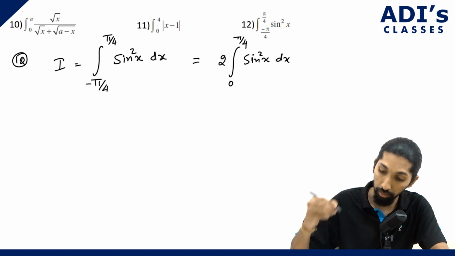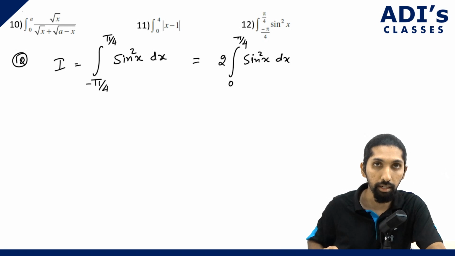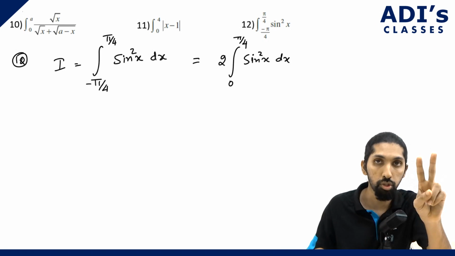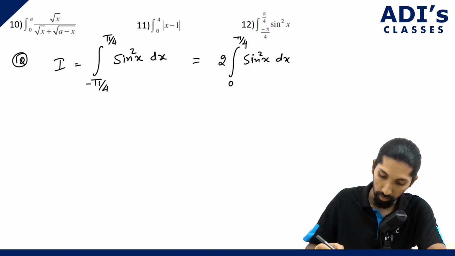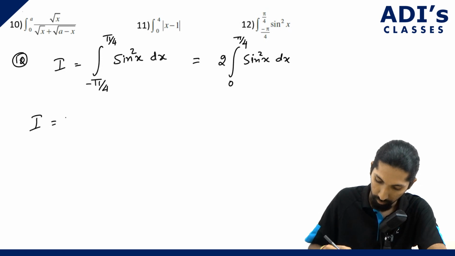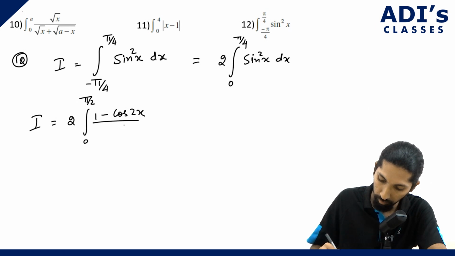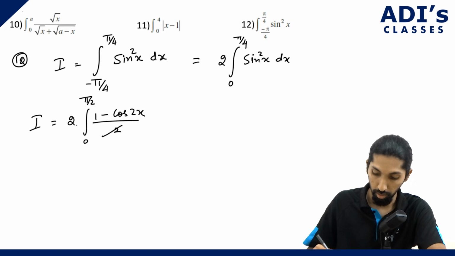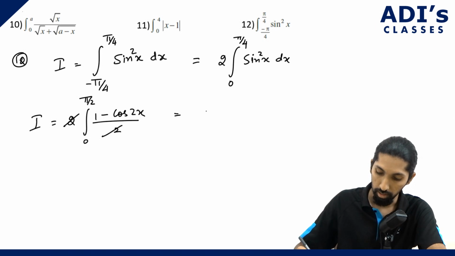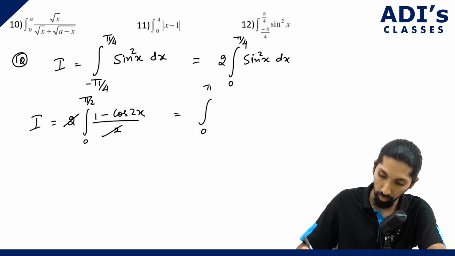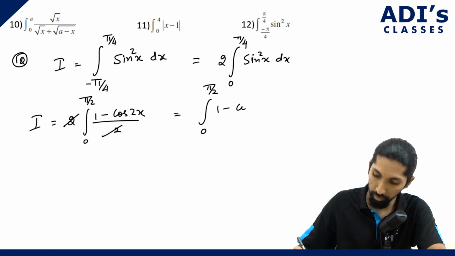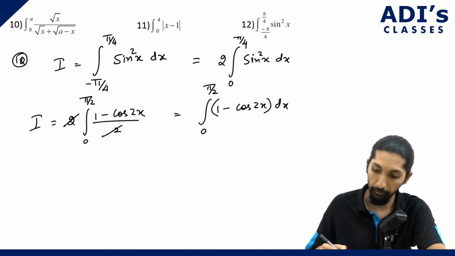Now, sine square x you need to integrate. You have to write it in terms of the cos 2x formula. That is, I is equal to 2 times integral 0 to pi by 4, 1 minus cos 2x divided by 2. 2 and 2 cancel, which becomes integral 0 to pi by 4, 1 minus cos 2x dx. Correct?